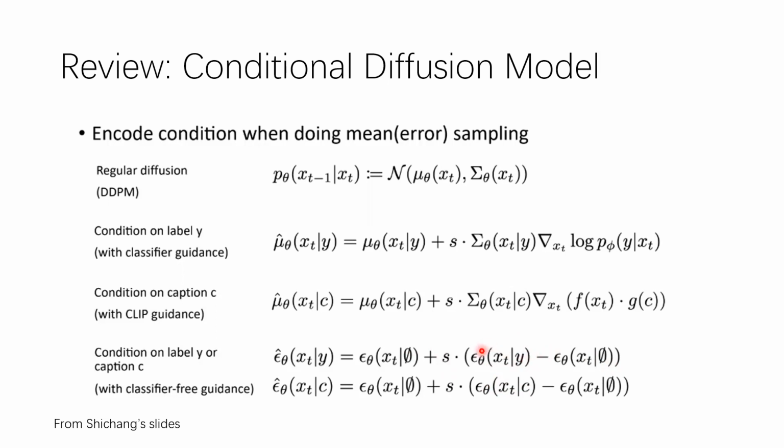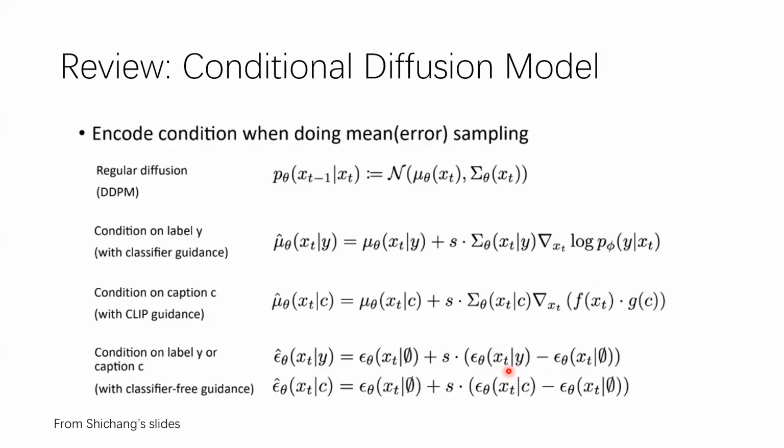This direction focuses on the condition, the ones with the conditioning tokens, and this one without. By subtracting them, you focus more on the direction that's unique to the conditioning caption C.